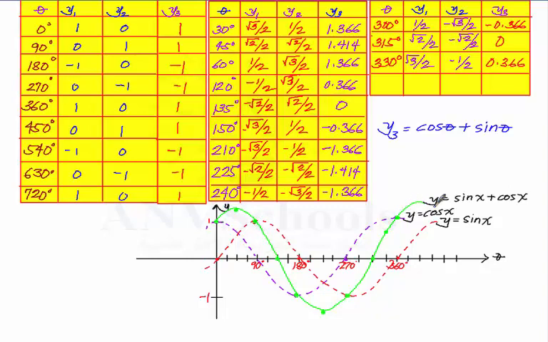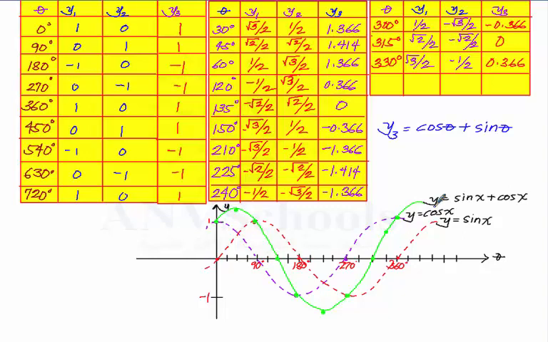Take note that when we get the sum of the parent cosine and sine functions, they define a new critical point, which is way higher and way lower than when the individual functions are taken.